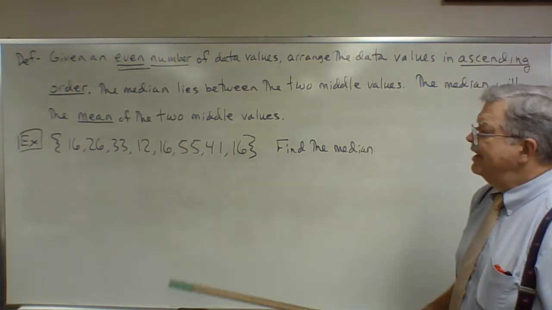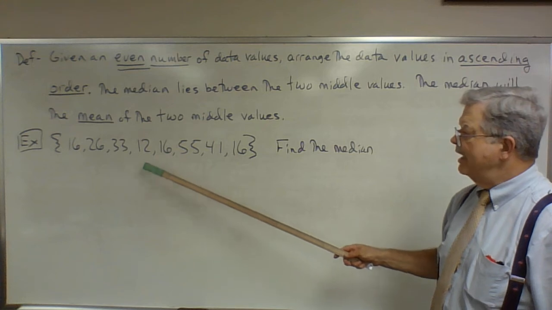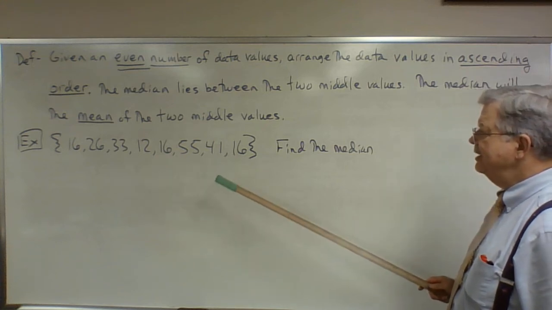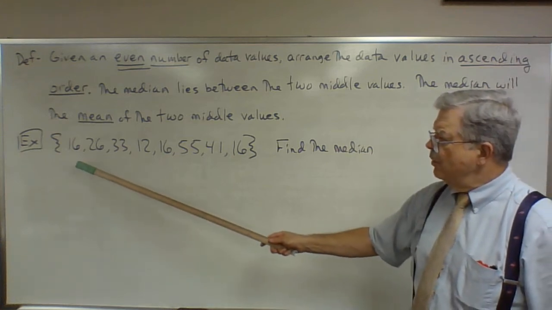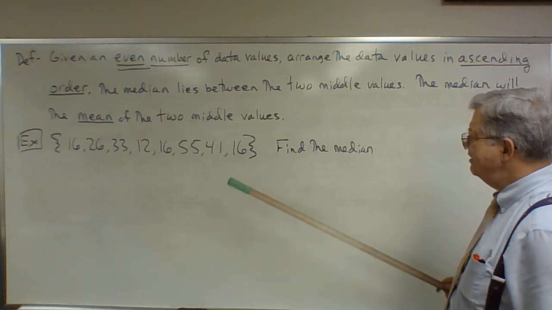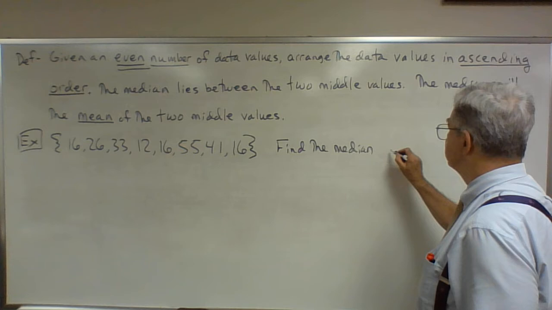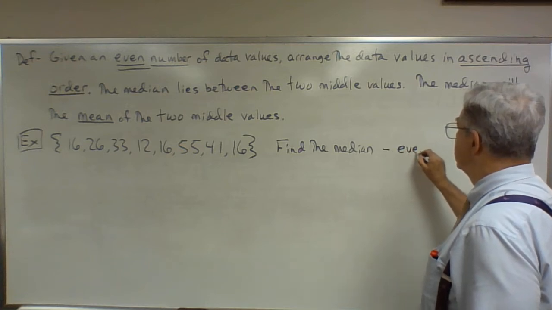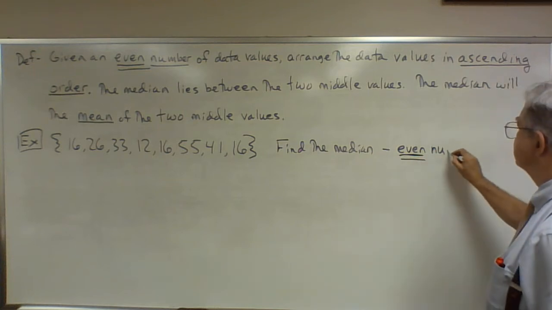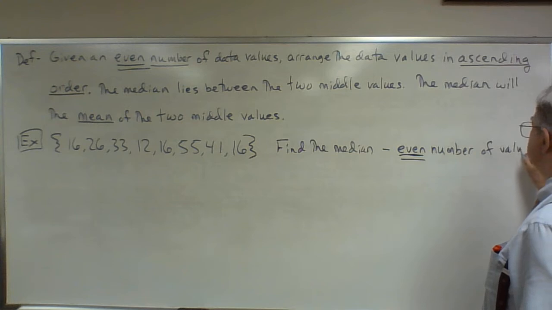Now let's look at this set of data values. 16, 26, 33, 12, 16, 55, 41, 16. Let's see, there are 1, 2, 3, 4, 5, 6, 7, 8. Okay, an even number of values.